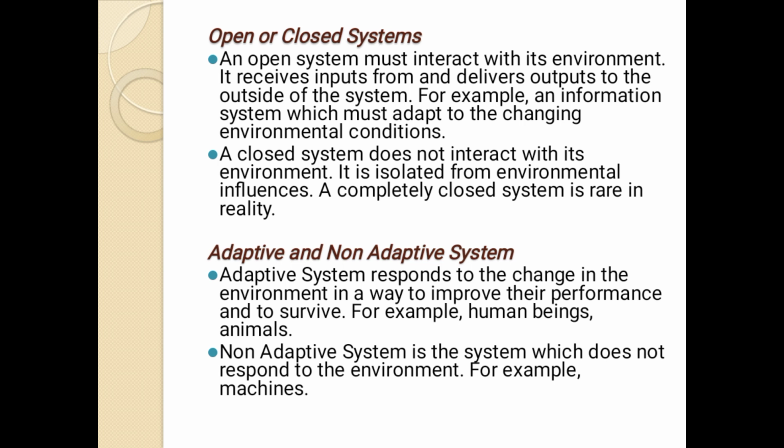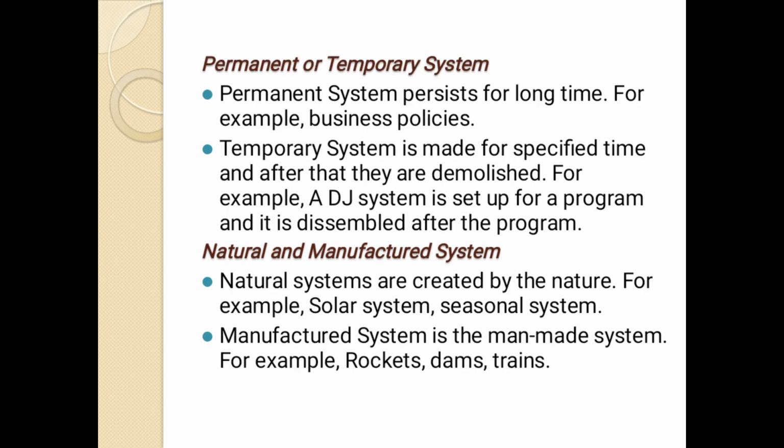Adaptive and non-adaptive systems. An adaptive system responds to the change in the environment in a way to improve its performance and to survive. For example, human beings and animals. A non-adaptive system is a system which does not respond to the environment. For example, machines.